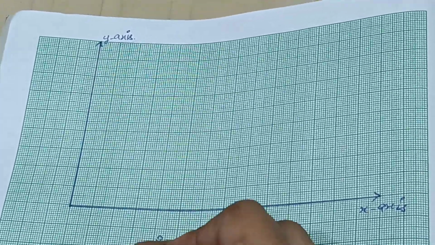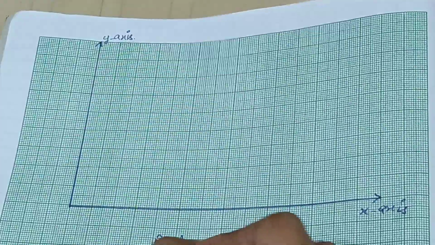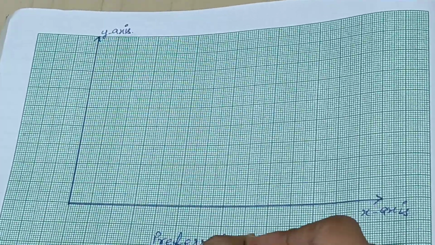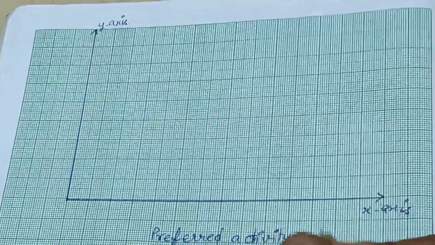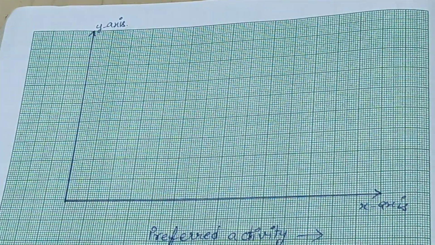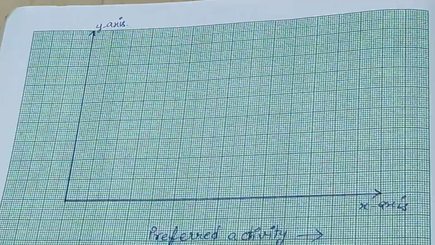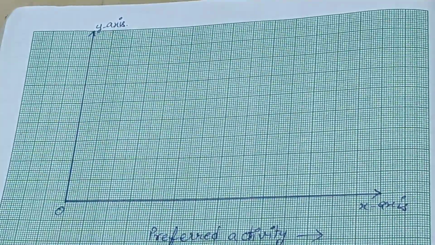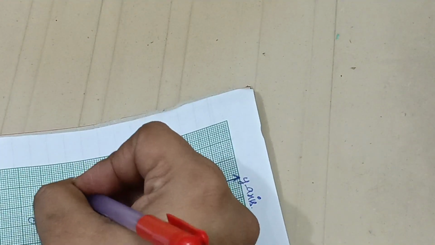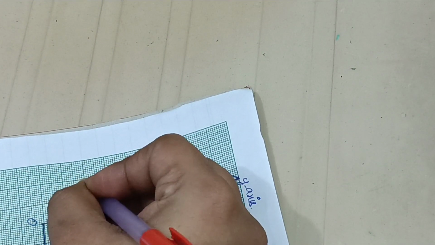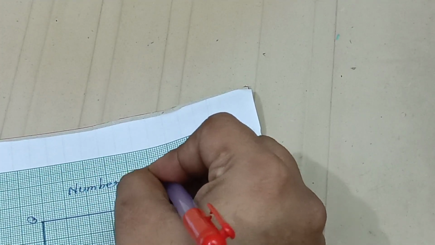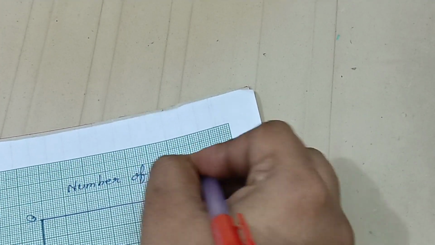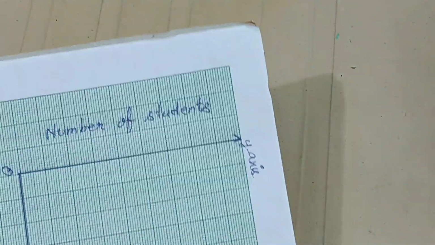Firstly I will write preferred activity, and its direction is towards the x-axis, or right of the origin. This is your origin. Now for the y-axis we are going to take the data of number of students. So we will mention the name of the data, number of students, on the y-axis like this.